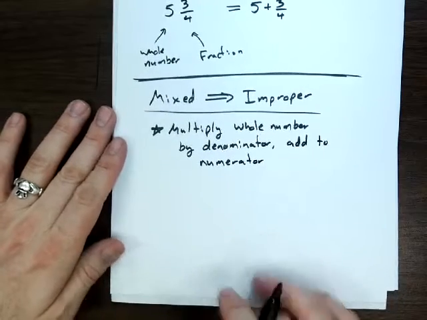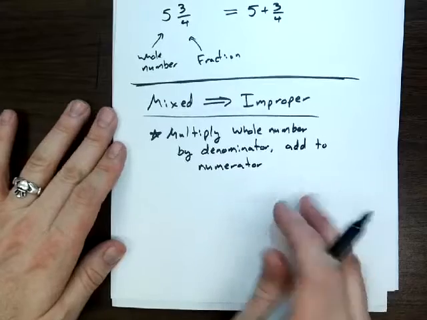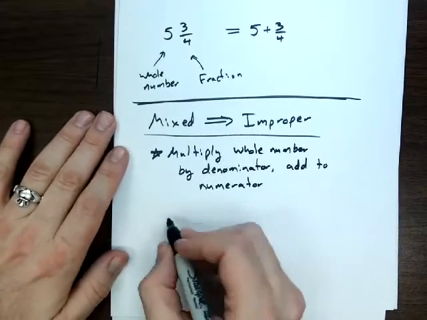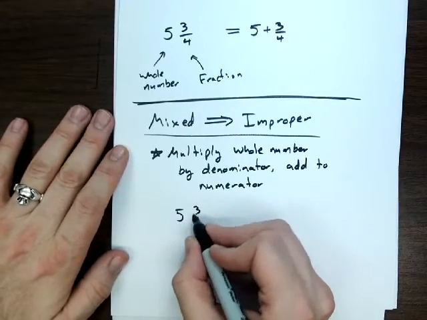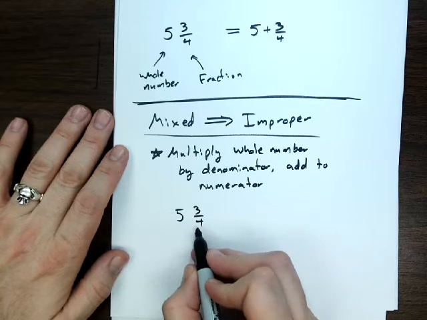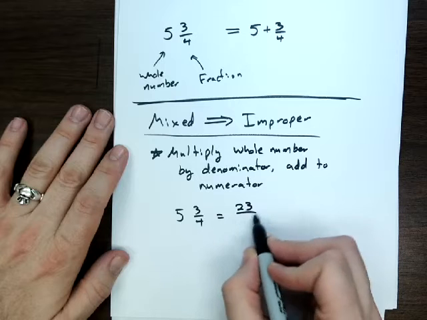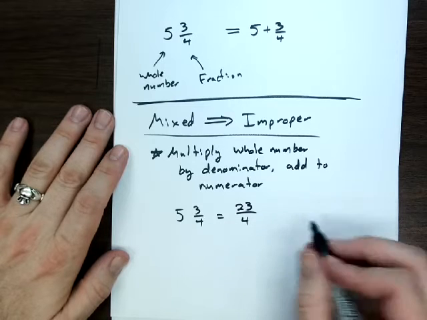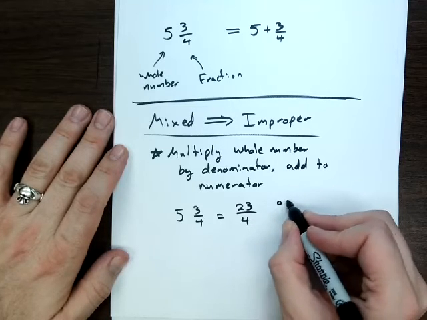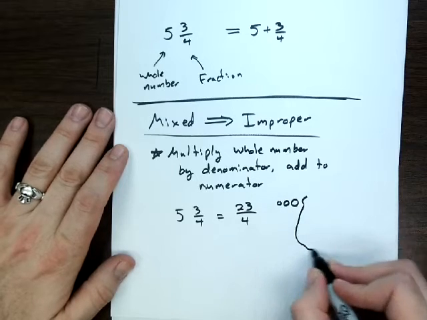So this is a very fast process. So with that 5 3/4, that would be 5 times 4 is 20, plus 3 is 23/4.